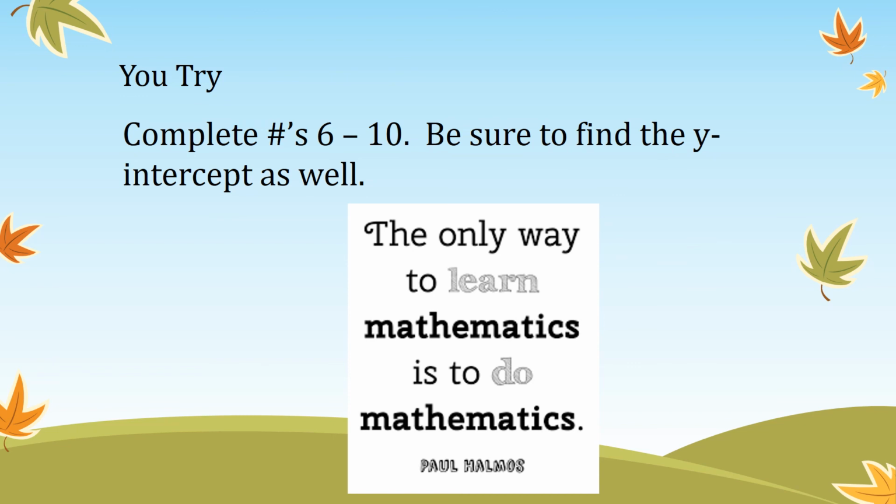C is negative 4, but b is 0 in number 6. So I'd like for you to try 6 through 10. Make sure you find the y-intercepts as well. Okay? Pause the video and I'll give you the answers in a minute. After you finish doing it on your own, pause it and then watch to see the answers.